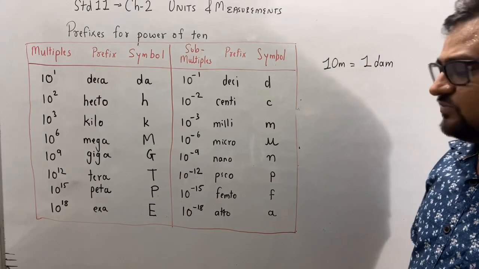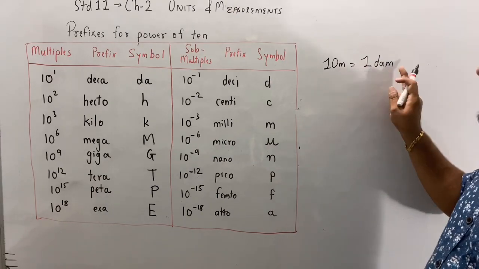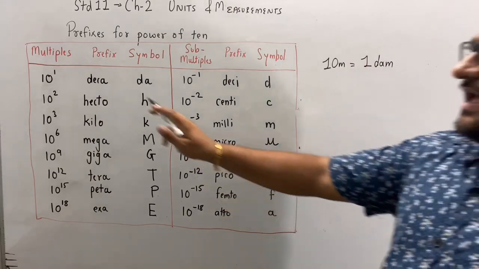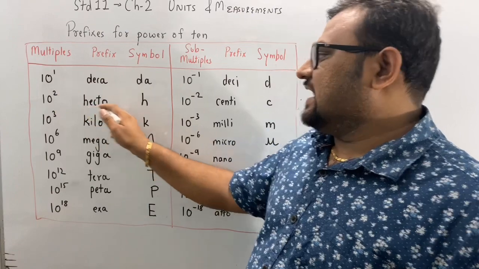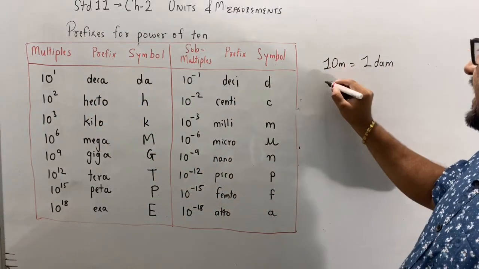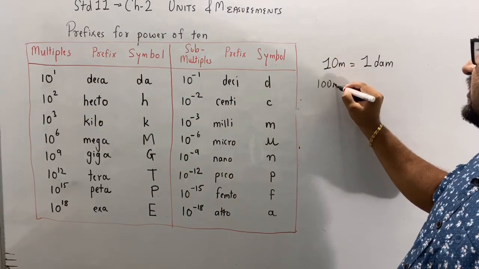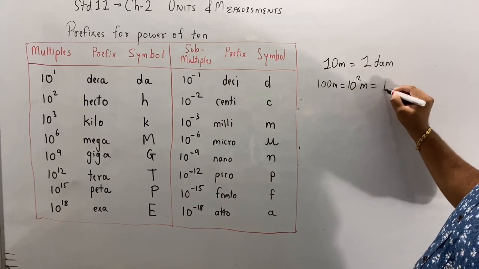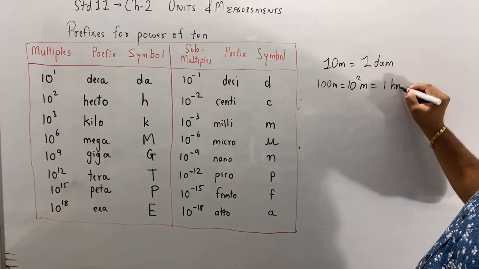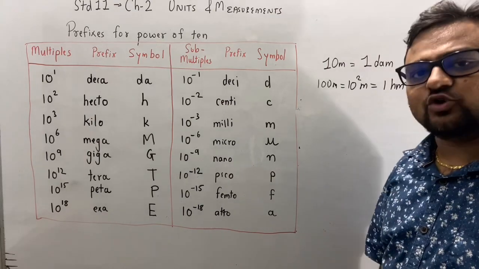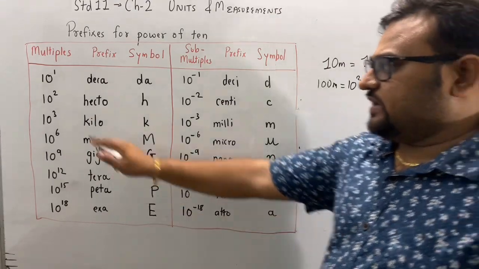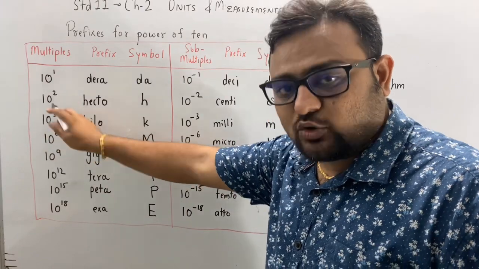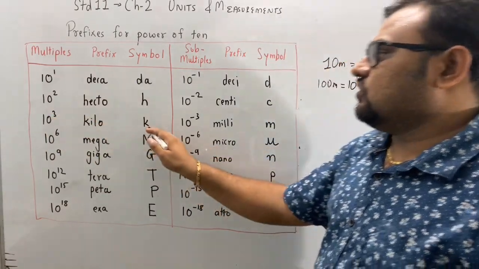It's not pronounced dam, it's decameter. 10 raised to 2 is hecto, H. If it is 100 meter, this will be 10 raised to 2 meter, 1 HM, that is 1 hectometer. Same way, 10 raised to 3 means 1000, kilo, K.